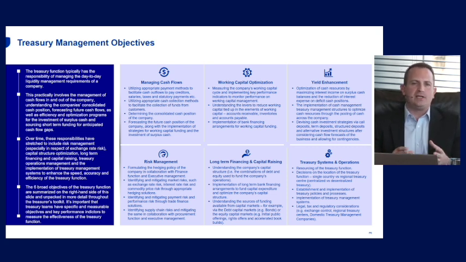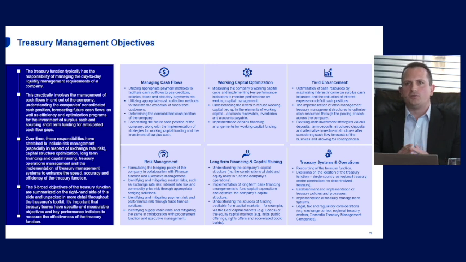Now, this can be done manually on Excel, but I think that's probably not the right way to do it. And companies are increasingly using platforms and software solutions such as Standard Bank's Treasury Online platform to actually fulfill this aggregation of balances, as well as to fulfill the cash flow forecasting requirement. So that gives you in a nutshell what managing cash flows is all about.